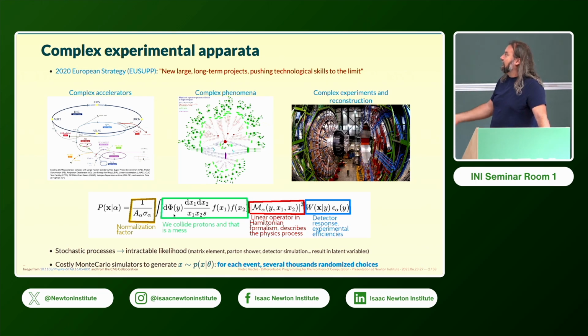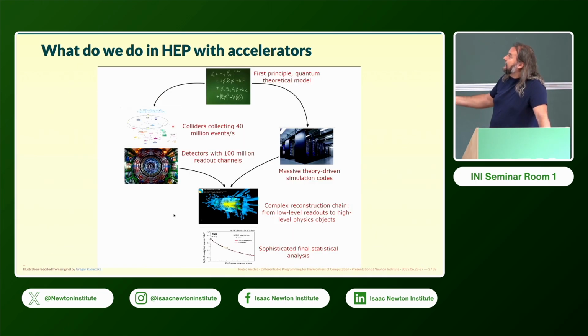So this is what one event looks like, and the full chain works like this. You have the physics, then we have the data, and to give you an idea, we take data 40 million times per second, and each time we store 100 million readout channels. This is the size of the things we are talking about.